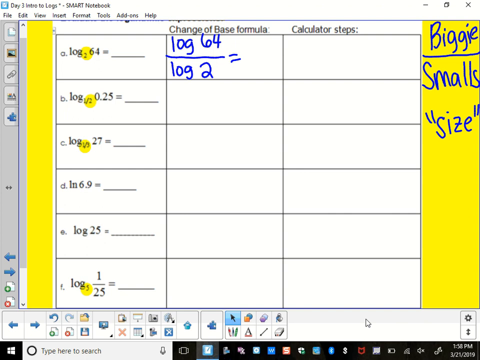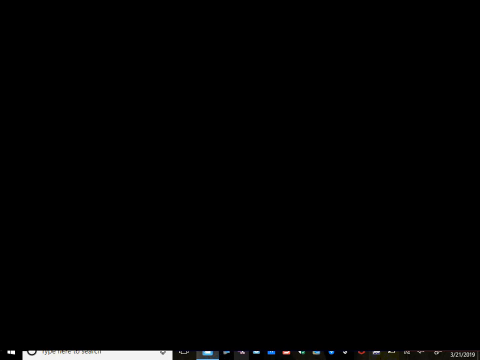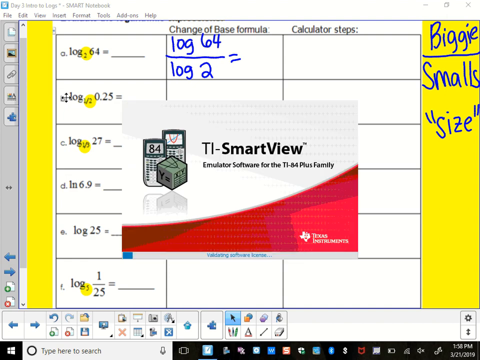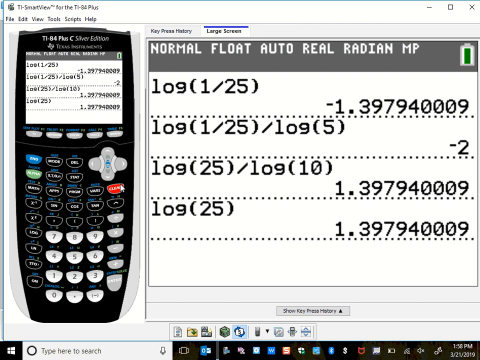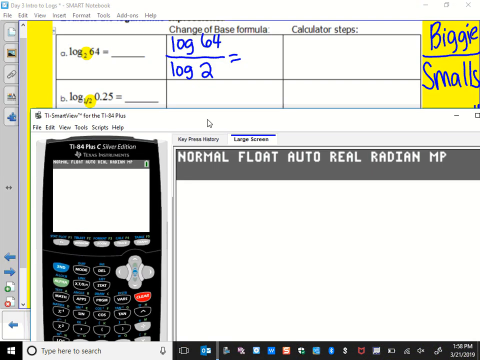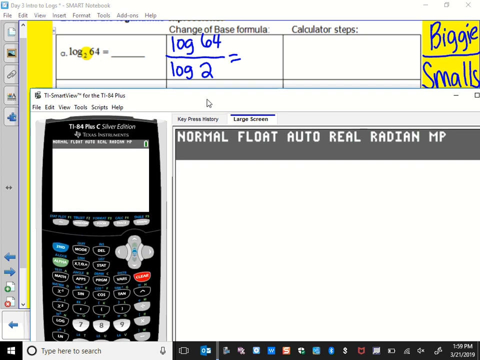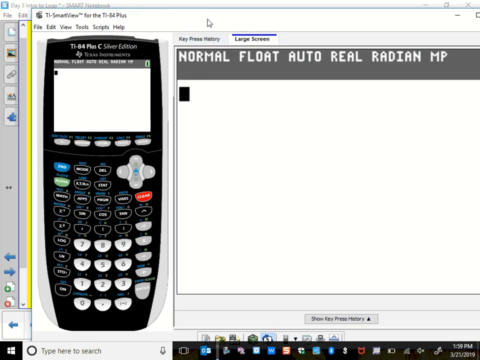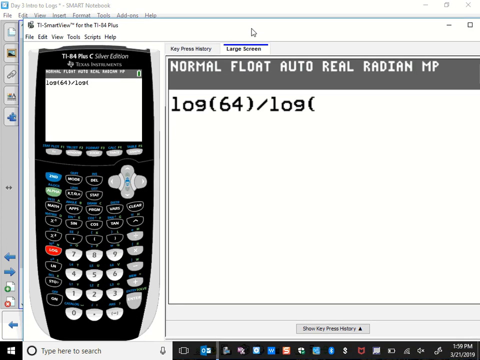And then grab your calculators. I'll pull up mine. All right, so in your calculator, you're going to tell your calculator to do this problem, but we changed it. Change your base formula, which is our Biggie Smalls. Type in log of 64 divided by log of 2.